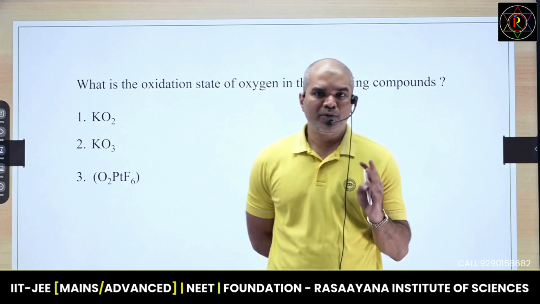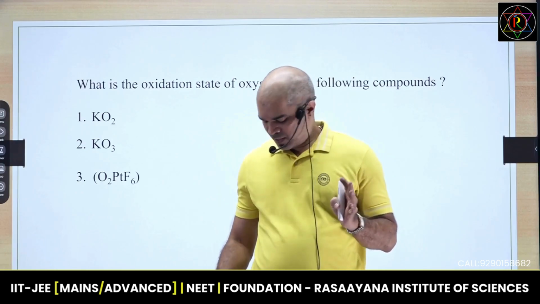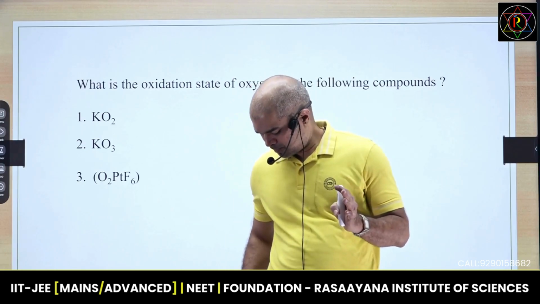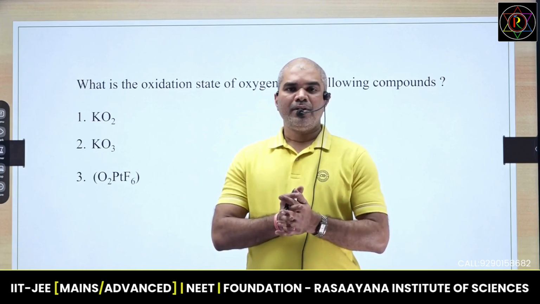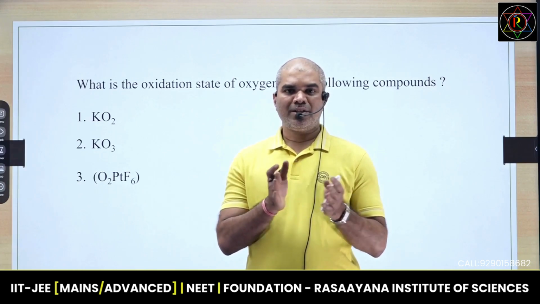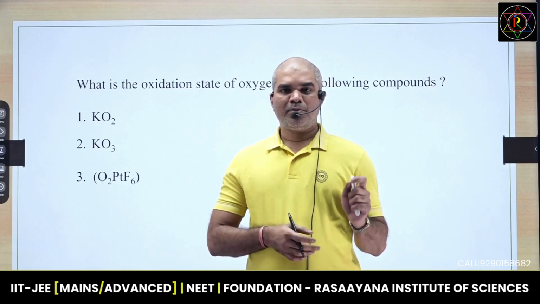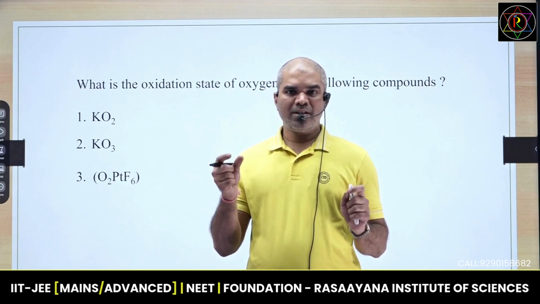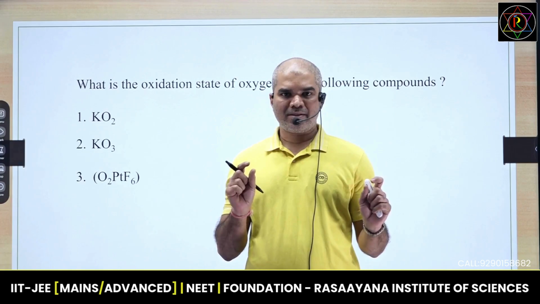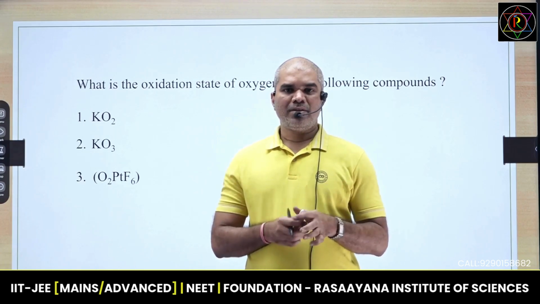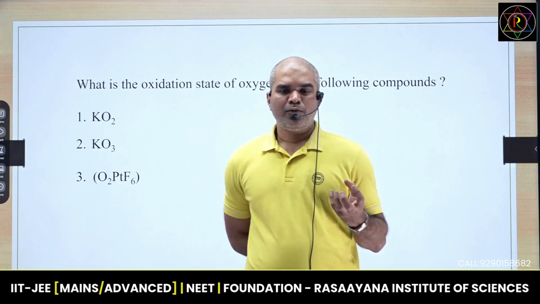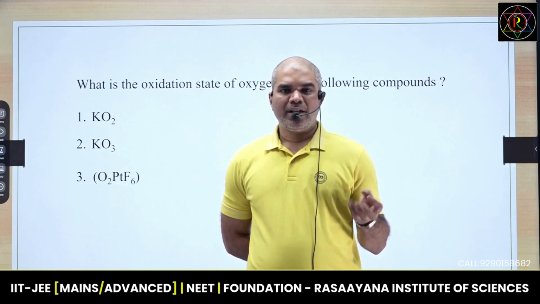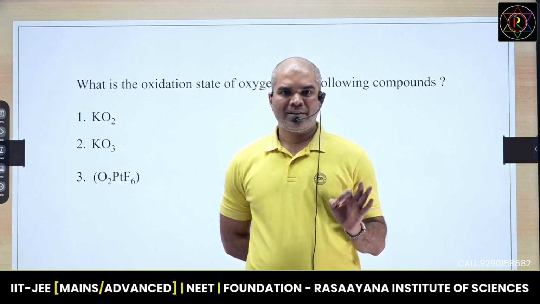There are different types of classifications, right, which I will discuss in the coordination chemistry. There are different types of classifications of ligands. One type of classification is innocent ligands, non-innocent ligands. Innocent ligand means, suppose fluorine is present. Fluorine belongs to P block. It has a fixed oxidation state.